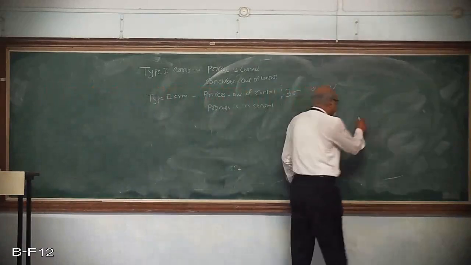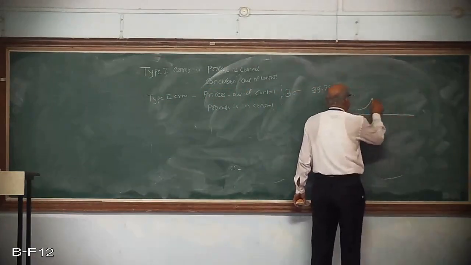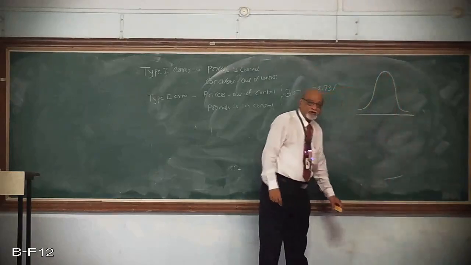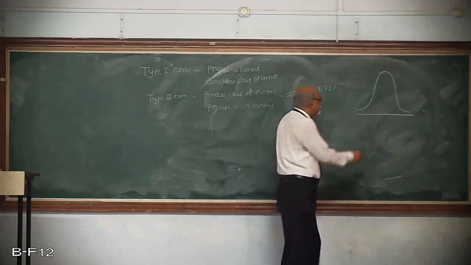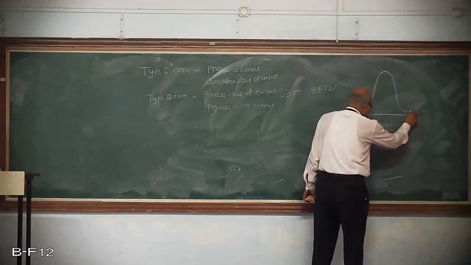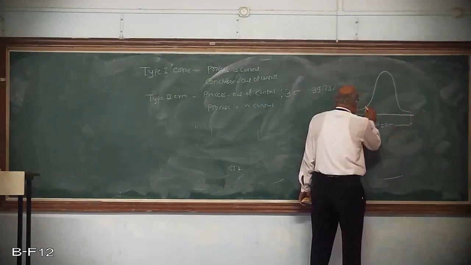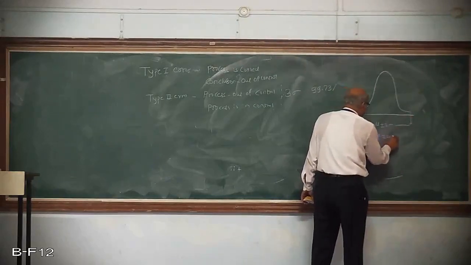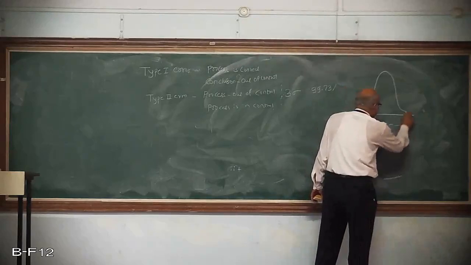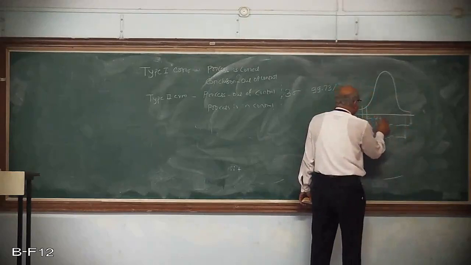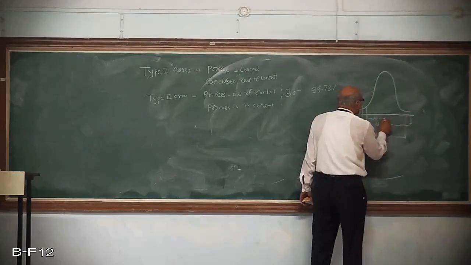Well, we know that when we take the sample averages, they will always follow the normal distribution because of the central limit theorem. And we also know mu plus or minus 3 sigma, mu plus or minus 2 sigma, and mu plus or minus 1 sigma limit.